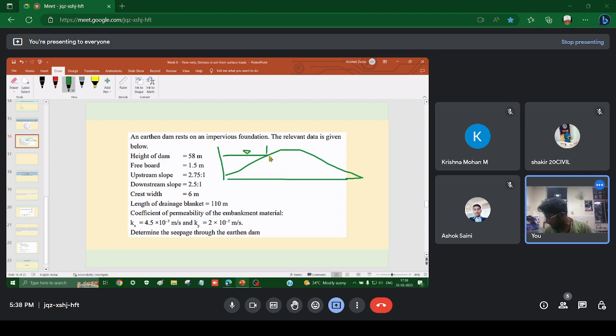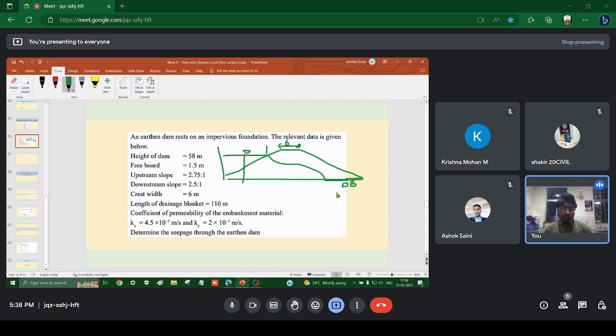Now there will be a certain point called C over here, up till which there will be a phreatic line, topmost phreatic line. It will be like this, and then it will come down at this level. From here to here, this is called the drainage blanket. And this is the crest width, that is equal to 6 meter.